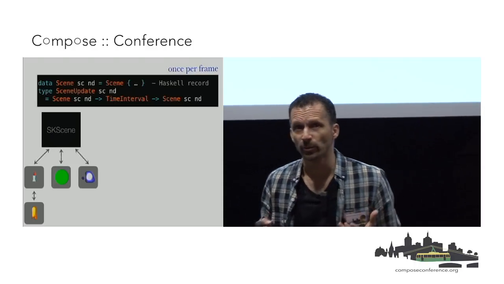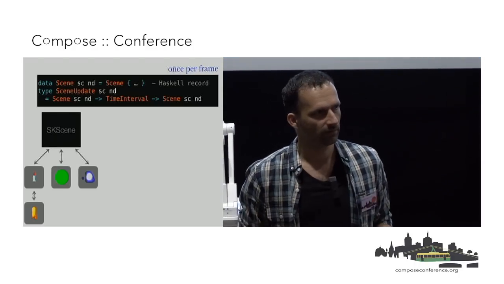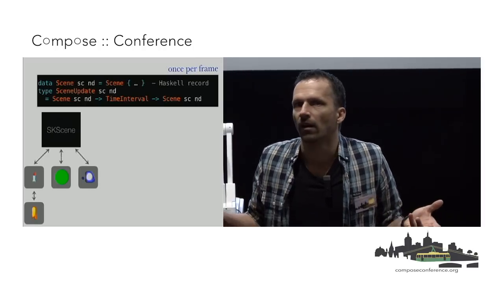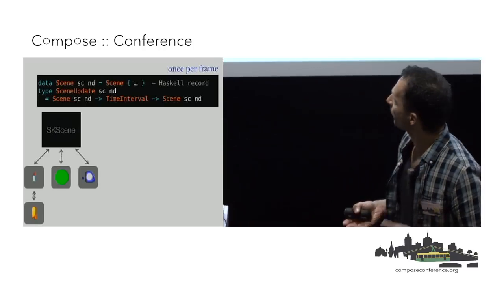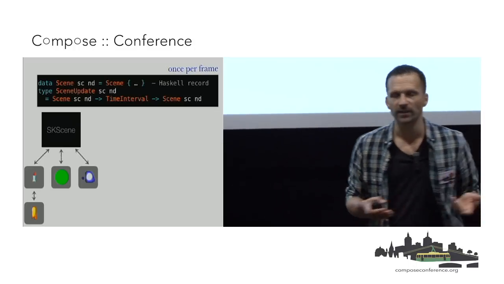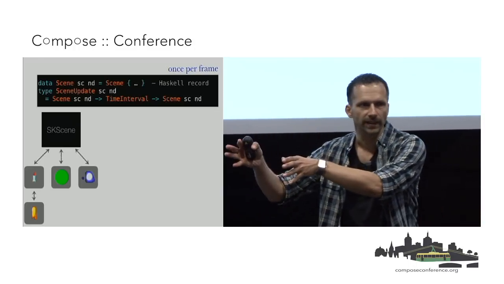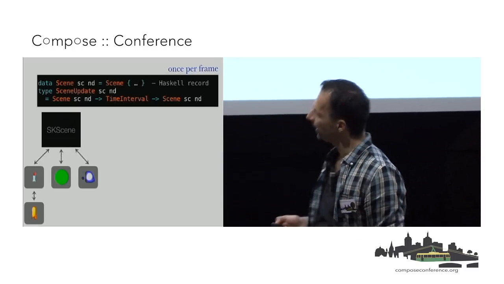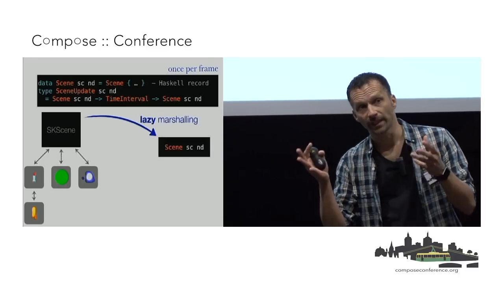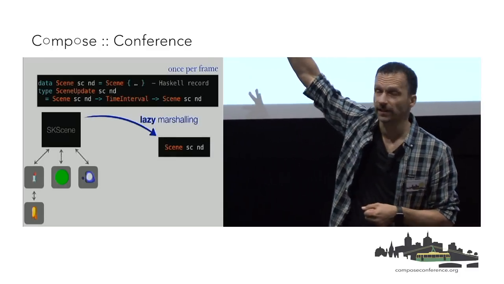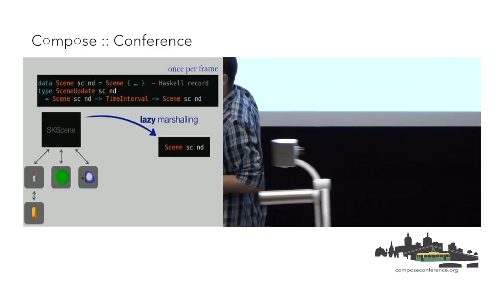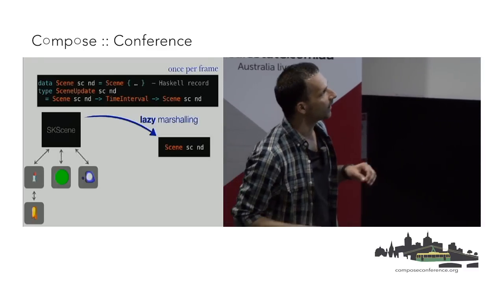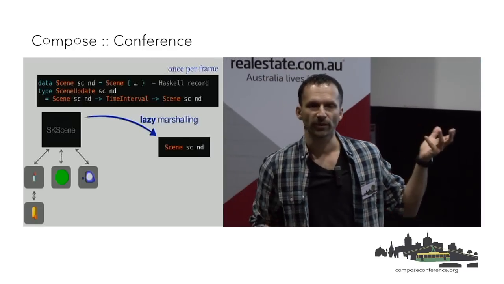So in Haskell, what we want is a proper function. Okay? So our scene description is just a Haskell record. And then we've got a function, scene update, which takes a scene to a new one. The way that works is that the library takes a representation of a scene, including everything hanging below it, and lazily marshals that into one of these Haskell representations.